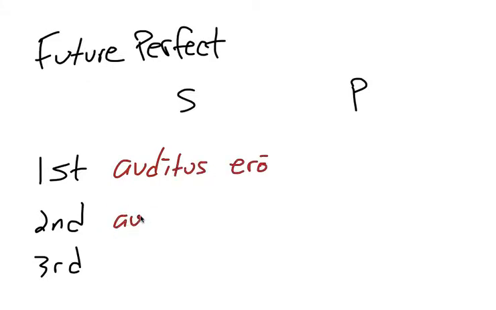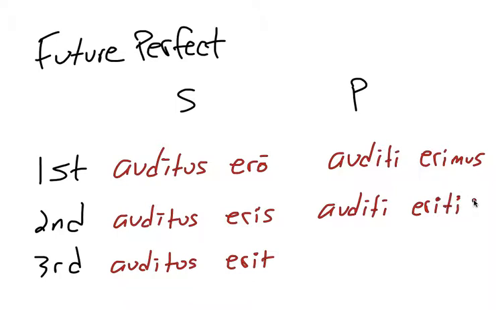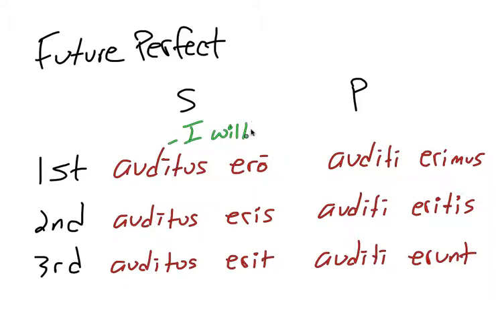Auditus ero, auditus eris, auditus erit, auditi erimus, auditi eritis, and then finally auditi erunt. Okay, and so when we translate the first person singular, auditus ero, I will have been heard.